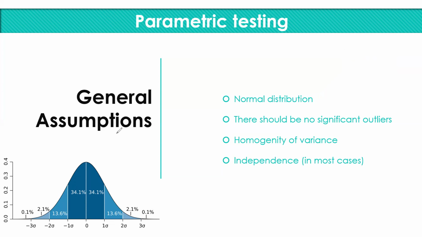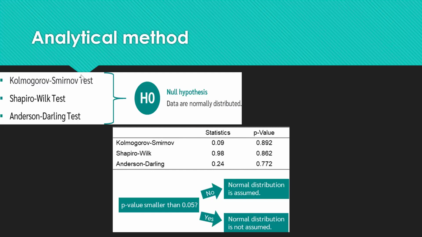So now for the analytical method, we have three major ways. We have the Kolmogorov-Smirnov test, we have the Shapiro-Wilk test, and we have the Anderson-Darling test. So based on these three analytical methods, you can check the normal distribution of data.